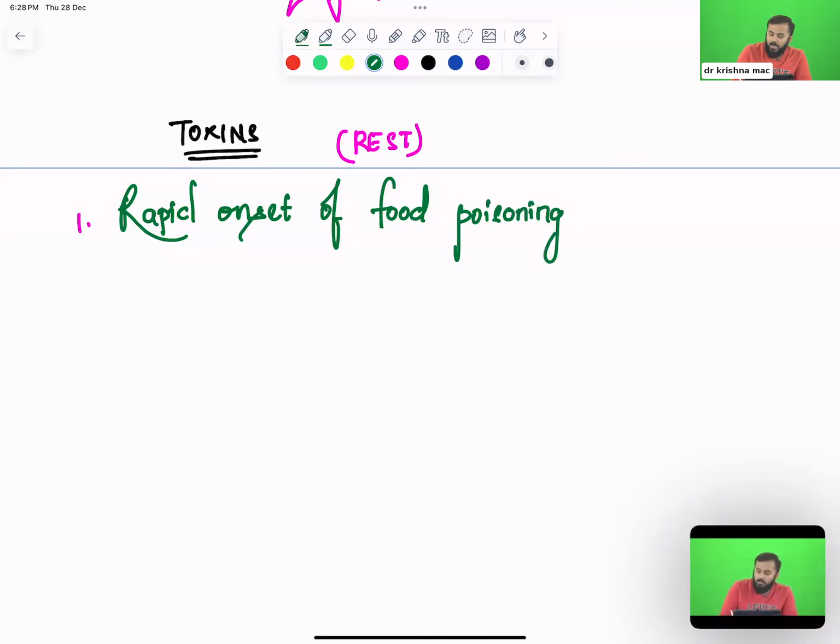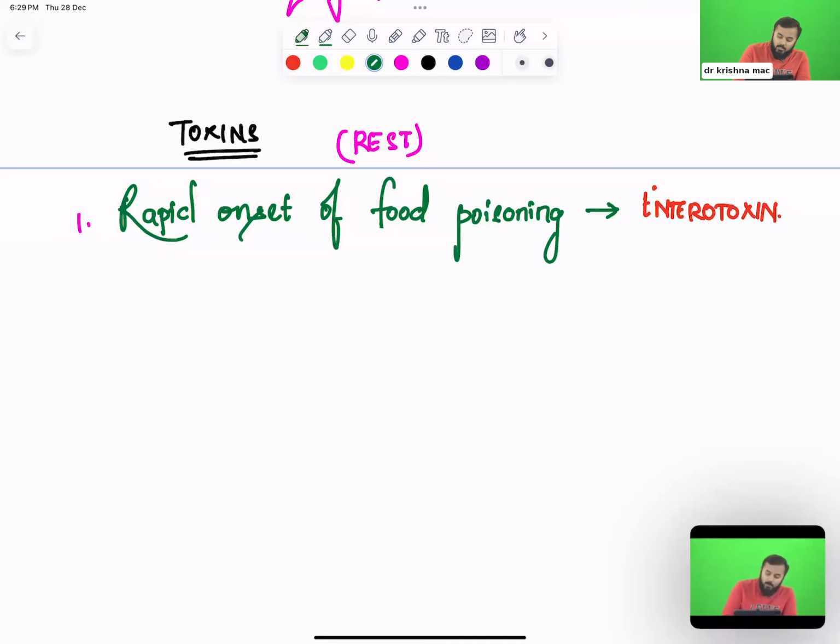Now, what is the toxin that is causing rapid onset of food poisoning? Very good. It is enterotoxin.